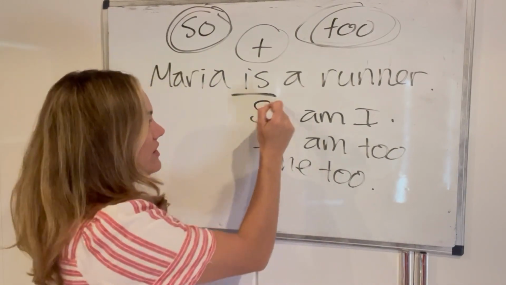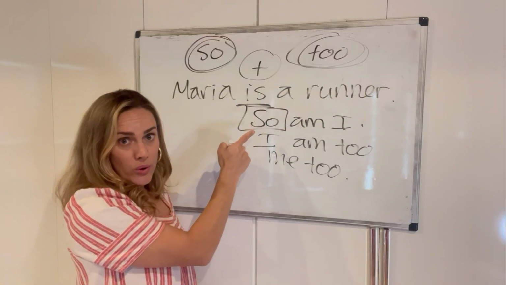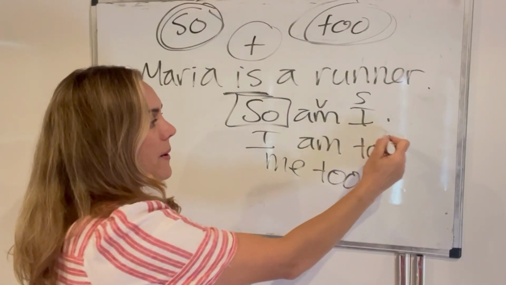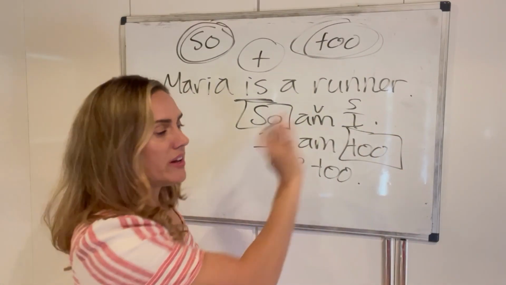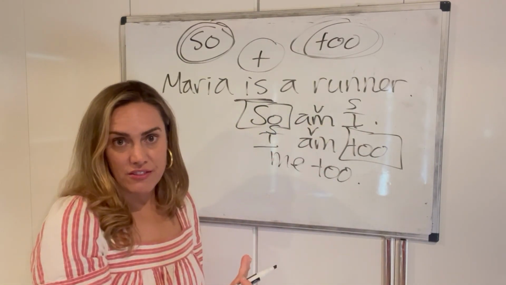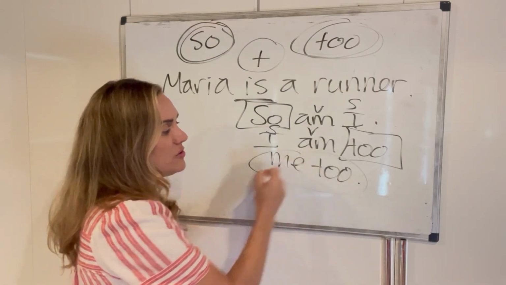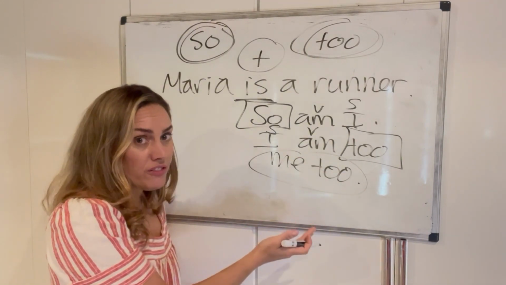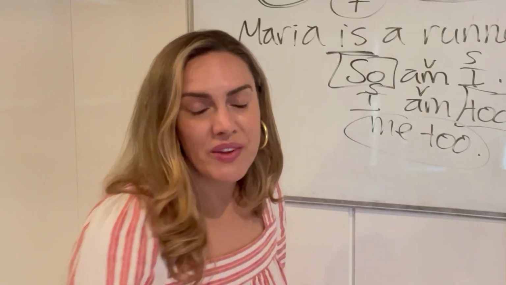Just notice if you start with so, then you have the verb and then the subject. If you use too, it comes at the end and you start with the subject and then a verb. And then if you just say me too, there's no subject or verb. It's just me too, okay?